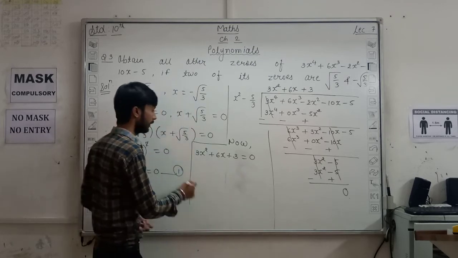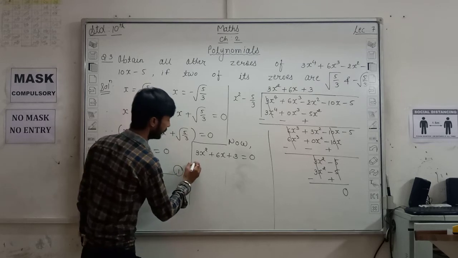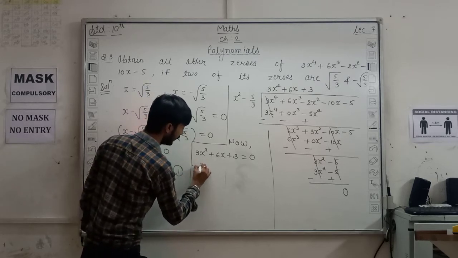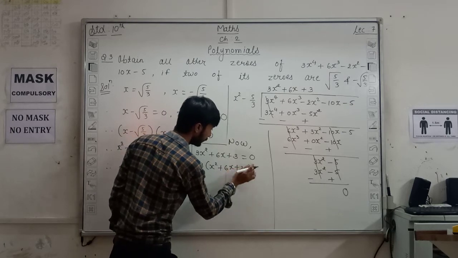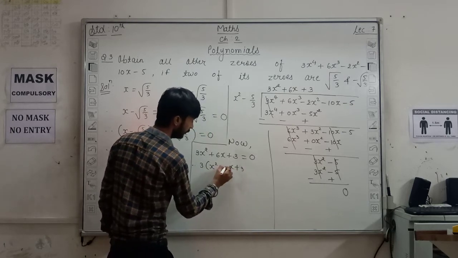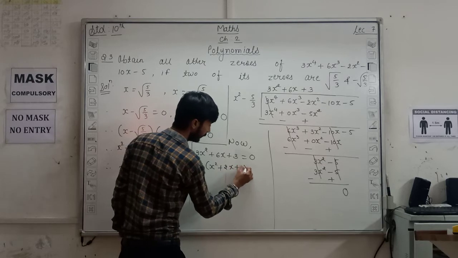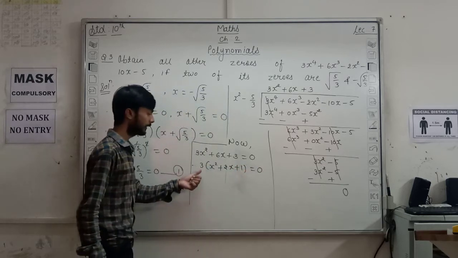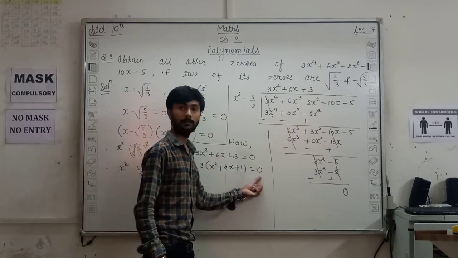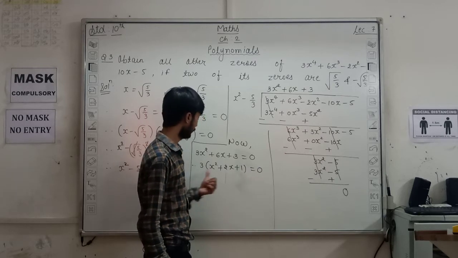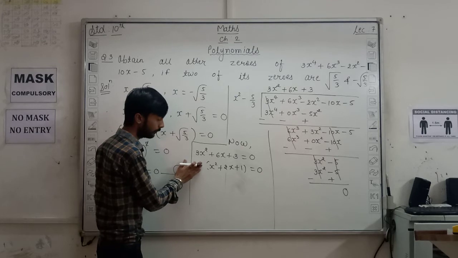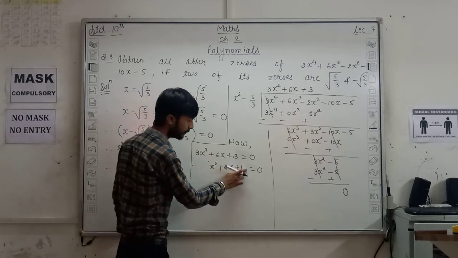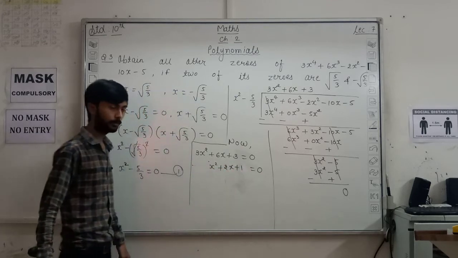Okay, that's why. Now let 3 be common, so it will be 3 times x square plus 2x plus 1 equals 0. Now this 3 is a divisor, so 0 by 3 will be 0. So x square plus 2x plus 1 equals 0.